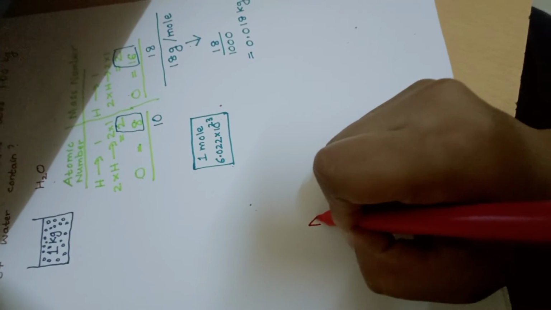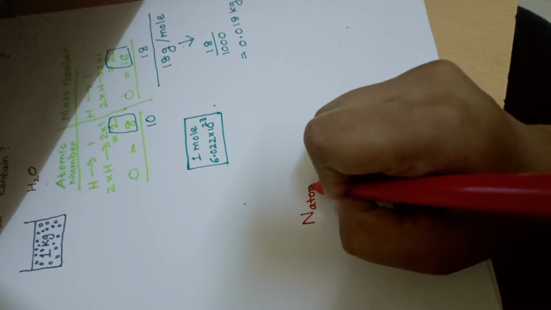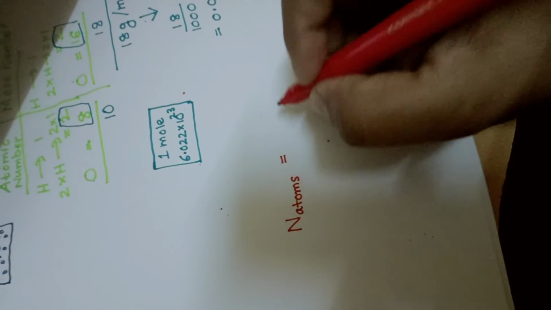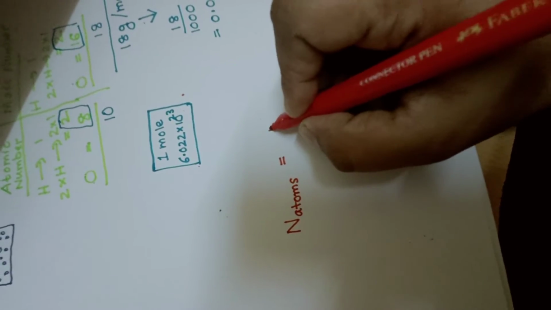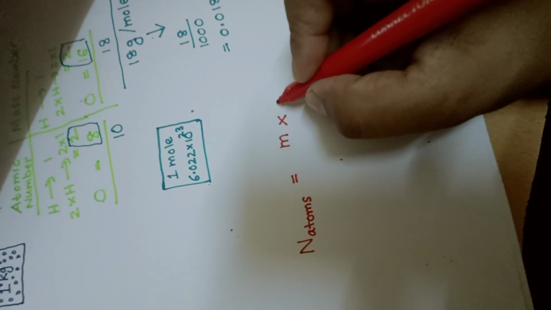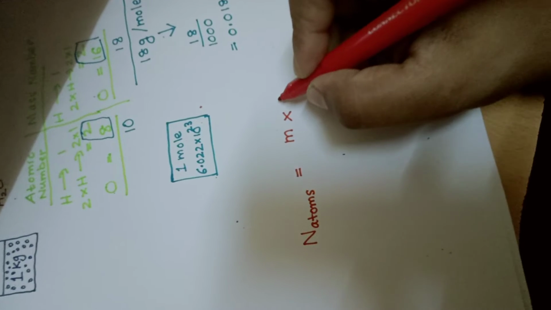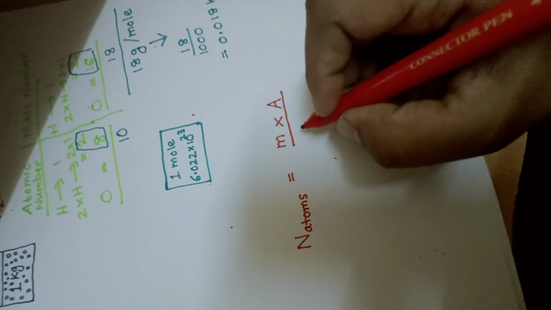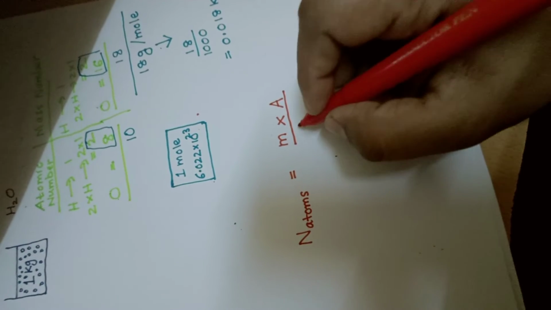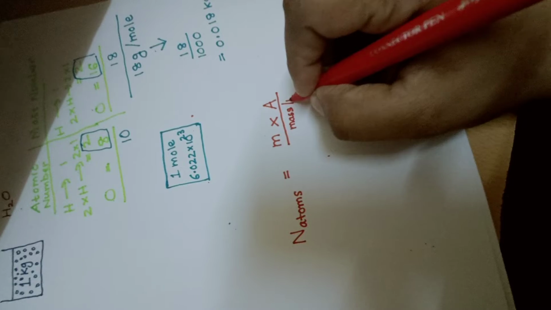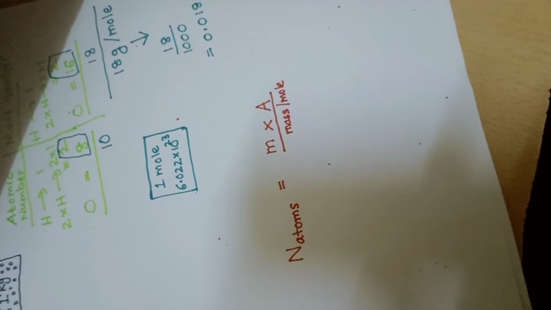In the next step, we are going to find the total number of atoms in 1 kilogram of water. So the mass given times the Avogadro number, I am going to write A here for Avogadro number, divided by the mass per mole.